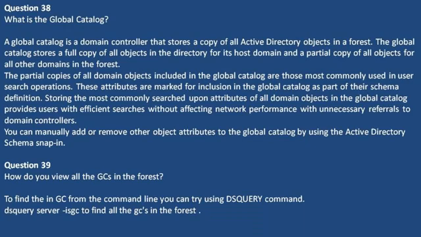You can manually add or remove other object attributes to the global catalog by using the Active Directory schema snap-in. Question number 39. How do you view all the GCs in the forest? To find the GCs from the command line, you can try using the dsquery command. dsquery server -isgc to find all the GCs in the forest.